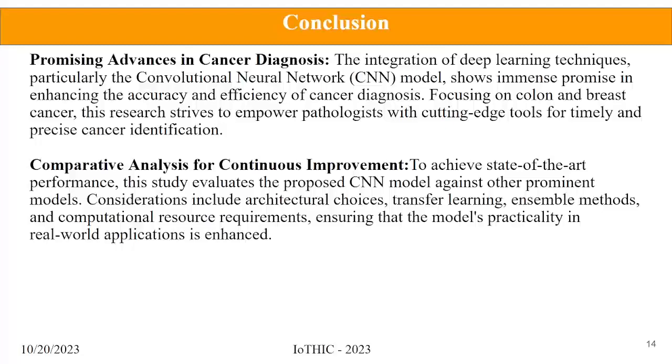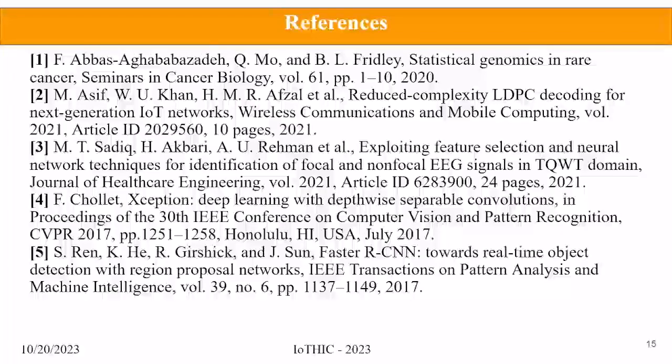We are not just throwing tech into the mix, we are making sure it's all practical in the real world. We are comparing our CNN model with other big shots in the game. We are tweaking things like architecture and using pre-trained models to make a difference where it matters. And then these are our references that we used while writing the paper.